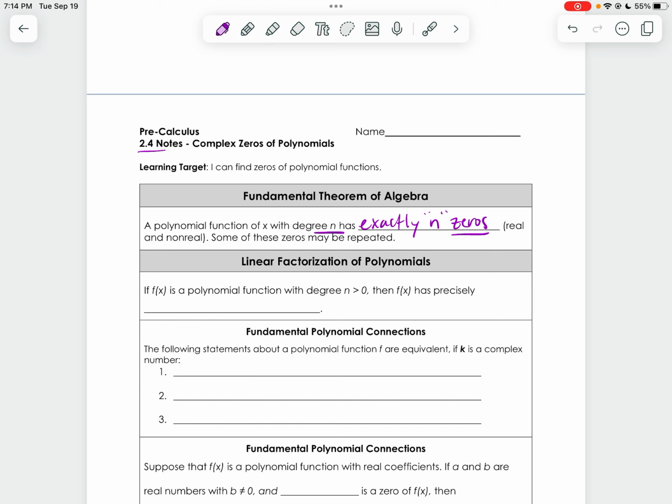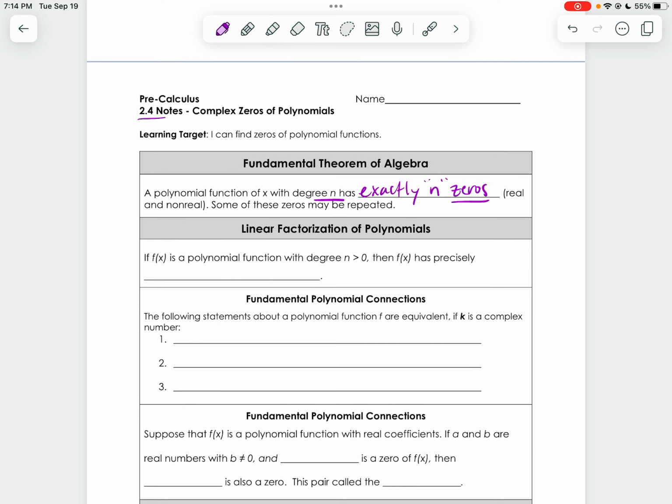For factoring, if f of x is a polynomial function with degree n greater than 0, then the function has precisely n linear factors. That says the same thing. So the number of factors equals the degree, which also equals the number of zeros.